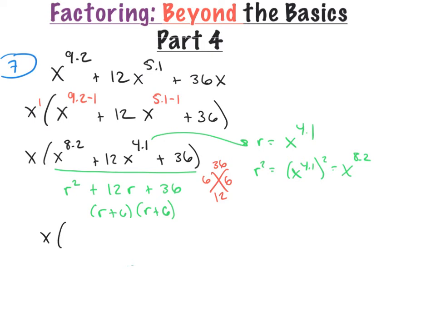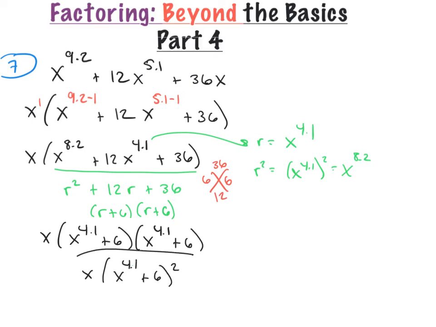This is x to the 4.1 plus 6 times x to the 4.1 plus 6. I feel a little silly writing that twice. Let's write this as x times x to the 4.1 plus 6 quantity squared. Very cool.